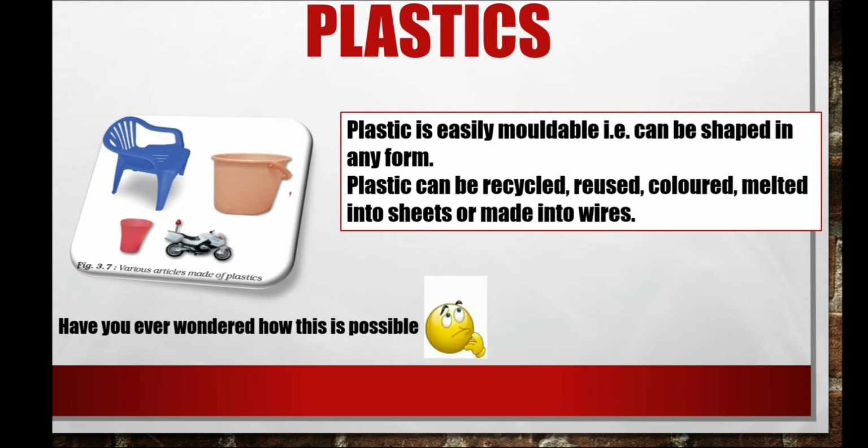Also, plastic can be recycled, that is, it can be converted into reusable materials. And it can be colored, melted, and rolled into sheets or made into thin wires. That is why it is used for various purposes.